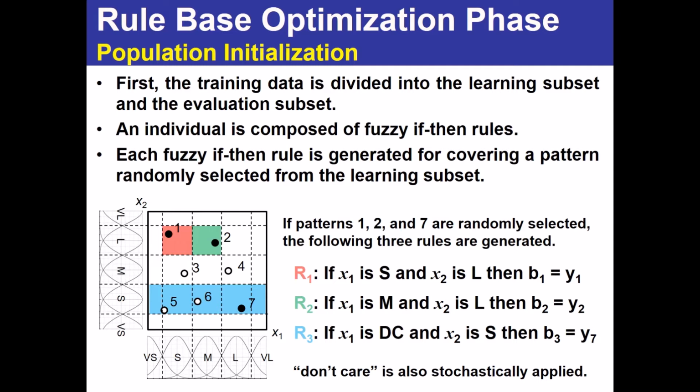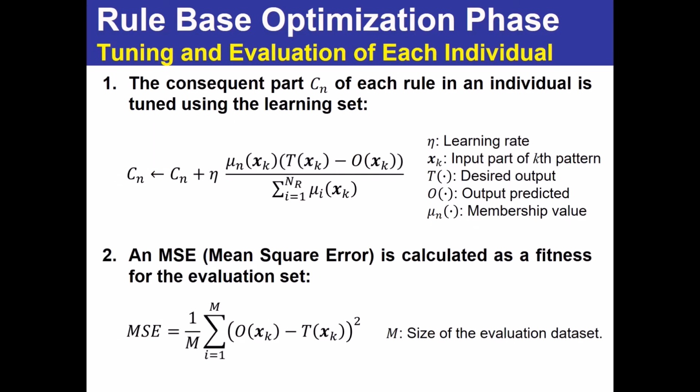Then we generate fuzzy if-then rules for covering a pattern randomly selected from the learning subset. After generating the population, we calculate the consequent part of each rule in an individual using the learning subset. Then we calculate the MSE values as a fitness value of an individual using only the evaluation subset.